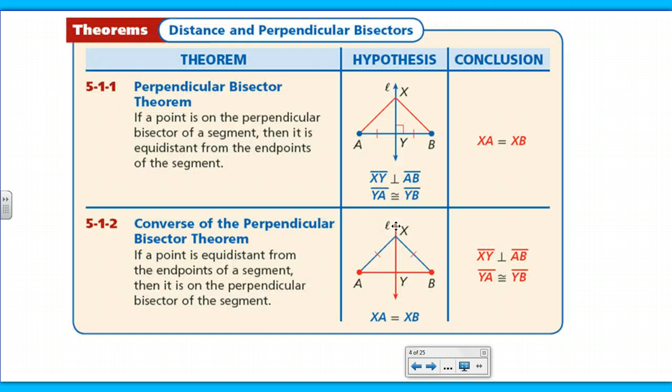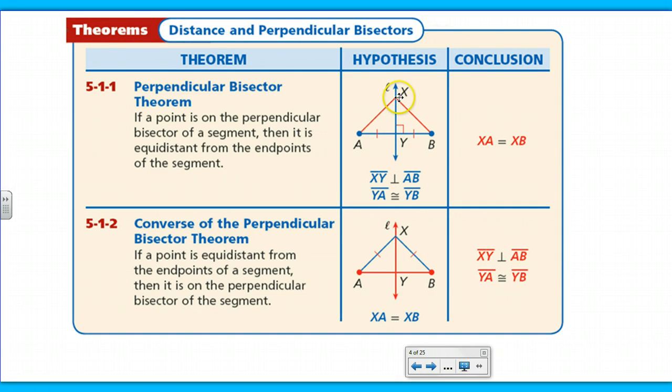Distance and perpendicular bisectors. The Perpendicular Bisector Theorem: if a point is on the perpendicular bisector of a segment, then it is equidistant from the endpoints of the segment.